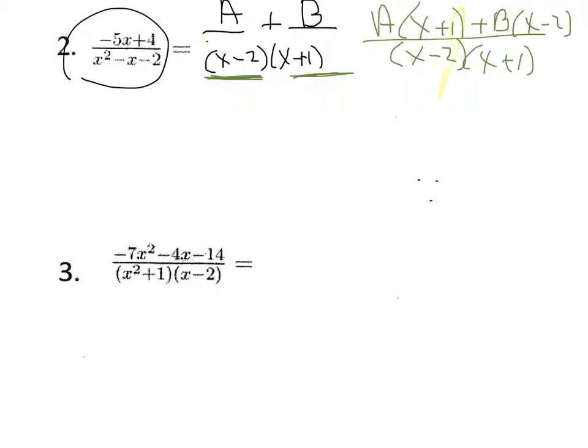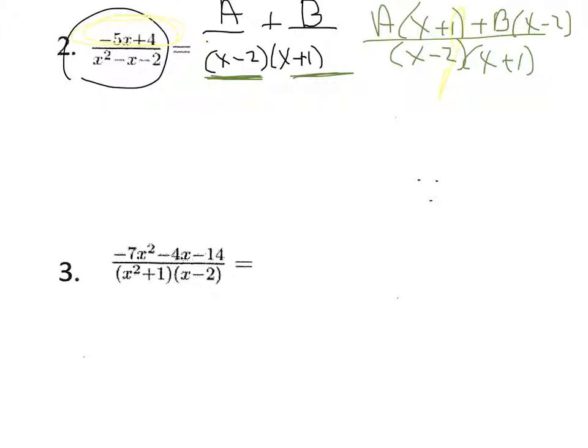If we didn't know what the answer was, that's what we would do to get a common denominator. Now, you really don't need the denominator anymore, so we're not going to worry about it, but we're going to work with the numerator. The numerator here has to be equal to this numerator.